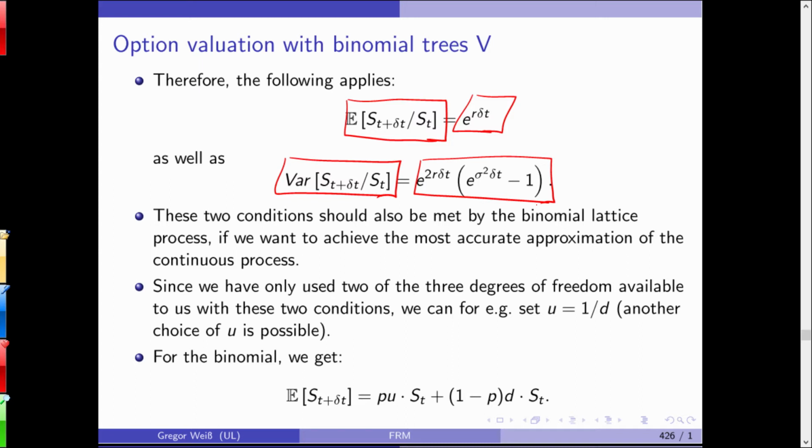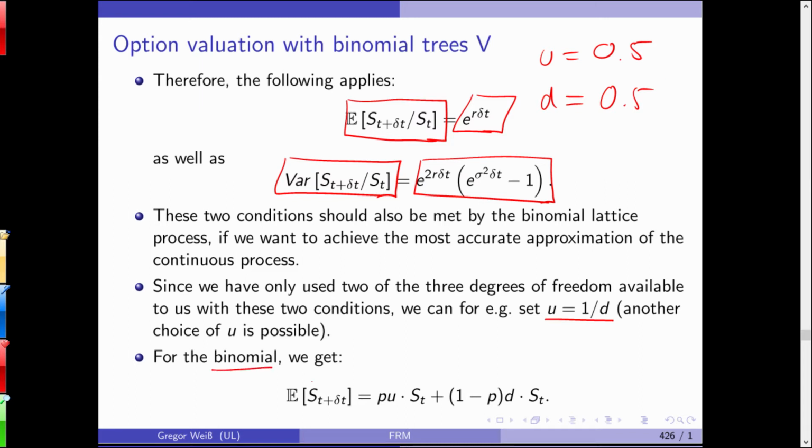And since we have 3 degrees of freedom here, and we are only using 2 of them, we can, for example, also set U is equal to 1 over D. We can also choose U is equal to 0.5. Then, of course, D is equal to 0.5, and other choices. But this can be chosen here. This is a modeling choice.